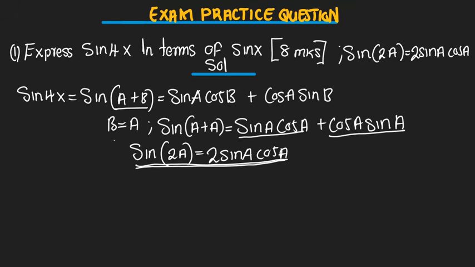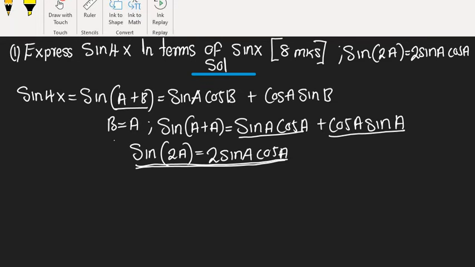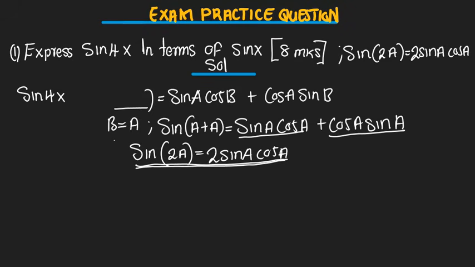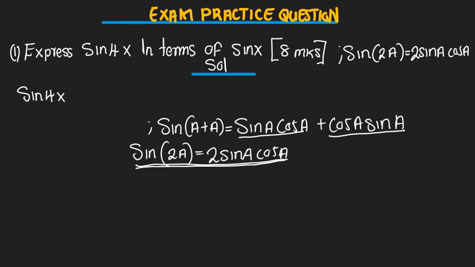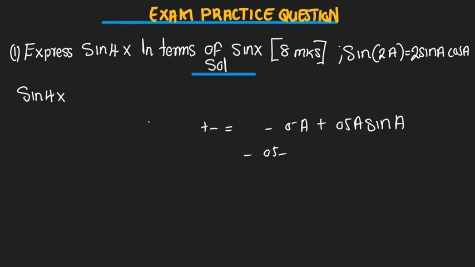Okay, now let me wrap my board. Wow, it's very interesting, guys. Very interesting. Now, you have the identity. I've shown you where the identity actually comes from. Under personal tuitions, I show where all the identities come from.